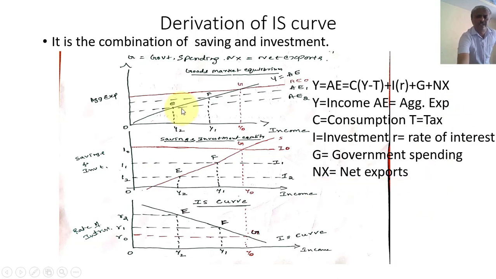So to draw this, see, this is the minimum aggregate expenditure. You see, this is the red line which is dotted again, G over here. Suppose the aggregate expenditure reduces.